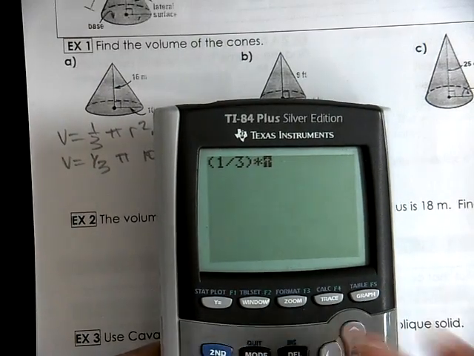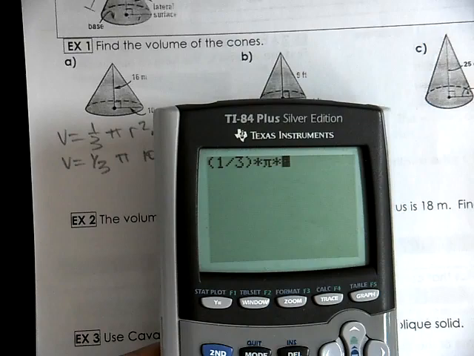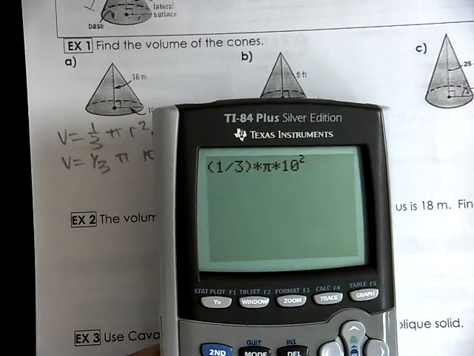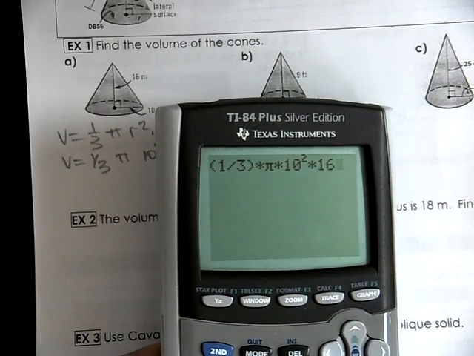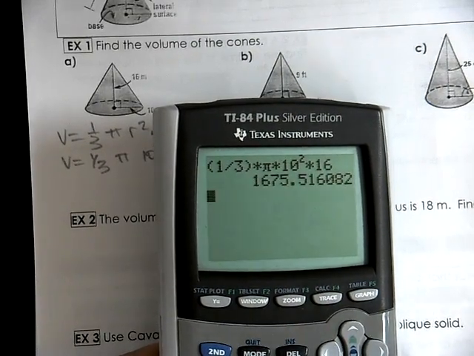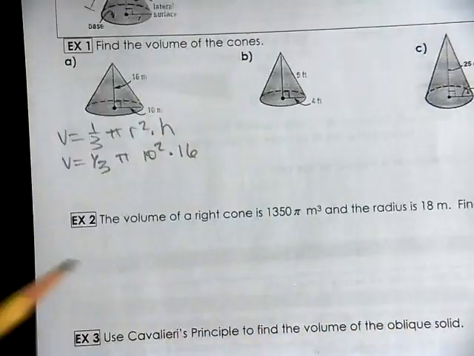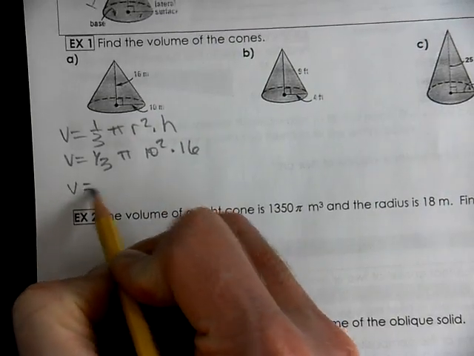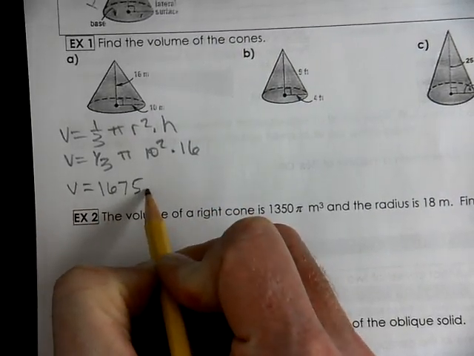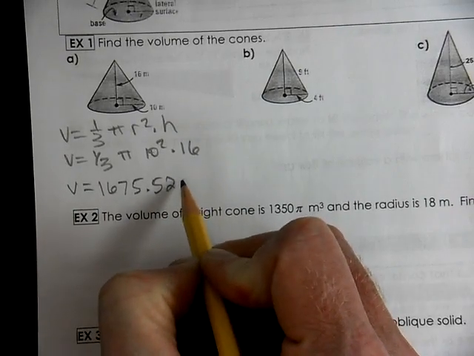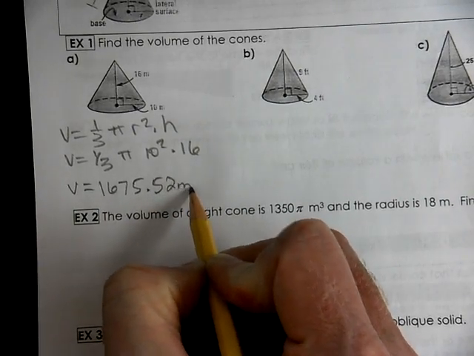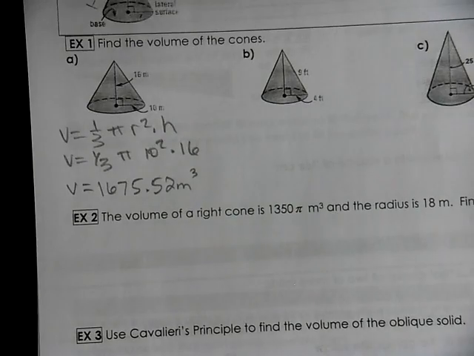One-third times pi times 10 squared, because that's pi r squared, times our height, 16. That's 1675.52, because the third number is 5 or bigger. And those would be meters cubed, cubic meters. Questions about that?